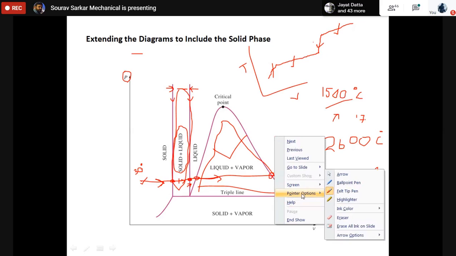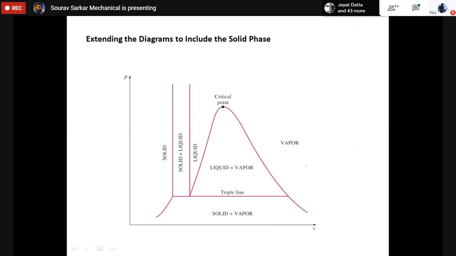So, have you understood what I have mentioned? Now if we look at the bottom, there will be a pressure. If you go below that pressure, you will find that if you start to heat a pure substance, the temperature will increase, and there is a process line after which it will start to convert into vapor.